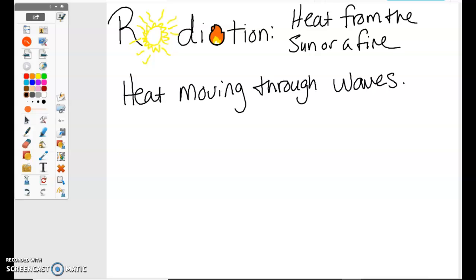And now we have radiation, where I changed the A's to a sun and a fire. You have the heat from the sun or a fire. How does that heat move? It moves through heat waves or electromagnetic waves. If you remember, it moves through waves, and there's no touching involved at all. There's no gas, no liquid, no particles, just heat waves. You will be fine.